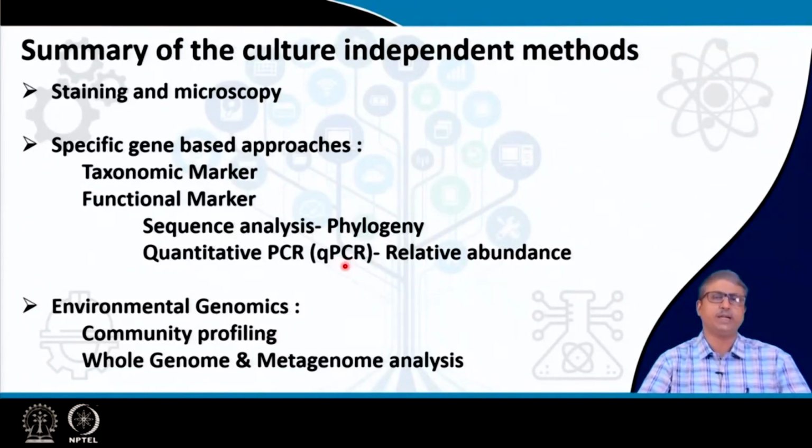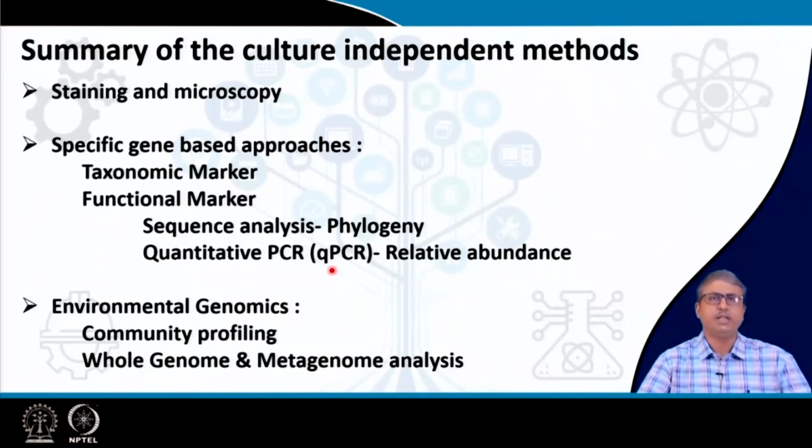For example, we can assume that there could be many bacteria or archaea in a particular environment, but in order to identify which species or which members of which genera are actually most abundant, these qPCR based methods, which target 16S ribosomal RNA genes specific to different taxonomic groups, are found to be very useful.